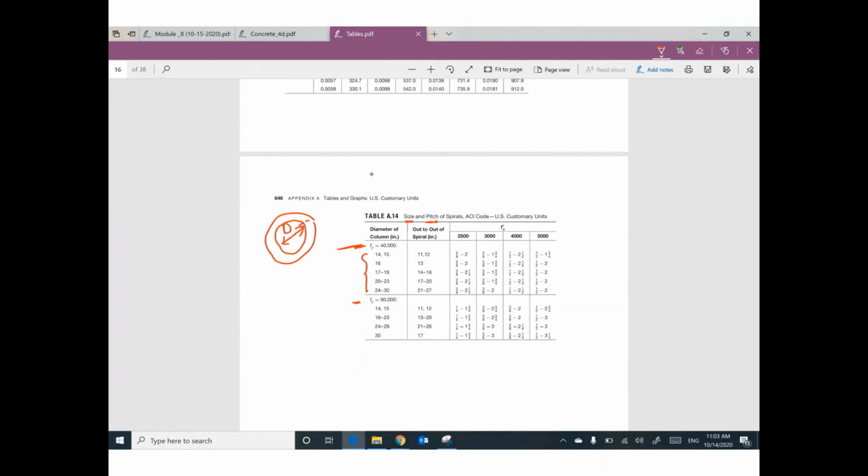What is the value of F prime C? I can tell you the size and the pitch. For example, for this one, the size will be number 3, which is 0.375 diameter, and the pitch, which is S, is 1.75 inch.